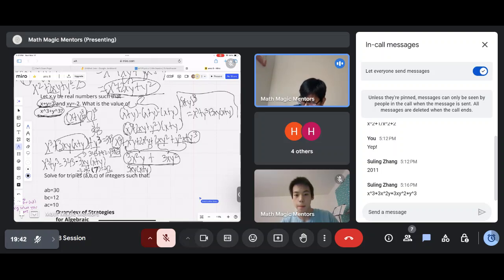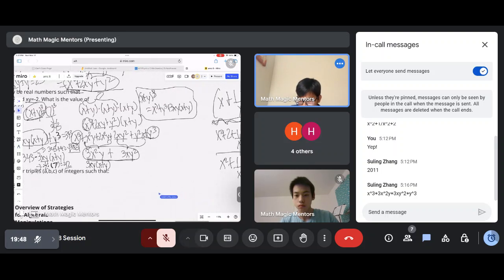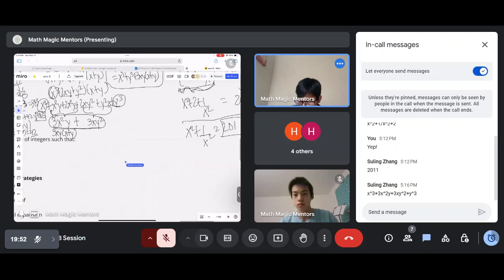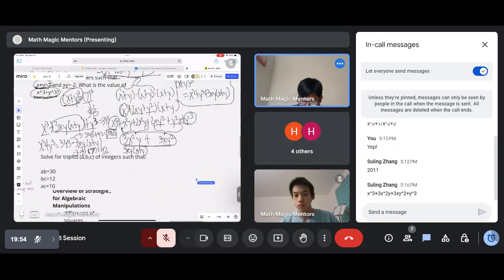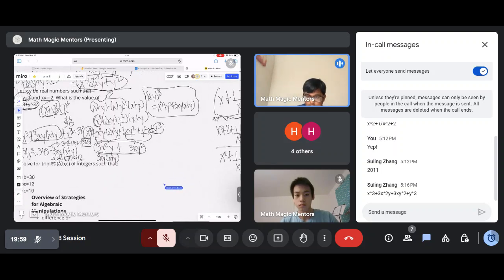My bad. And so this identity also shows up in a lot of places, and it's useful to remember, right?